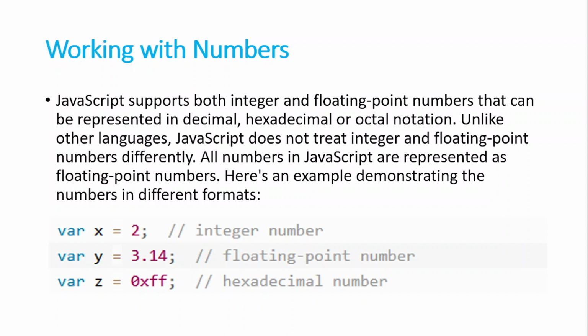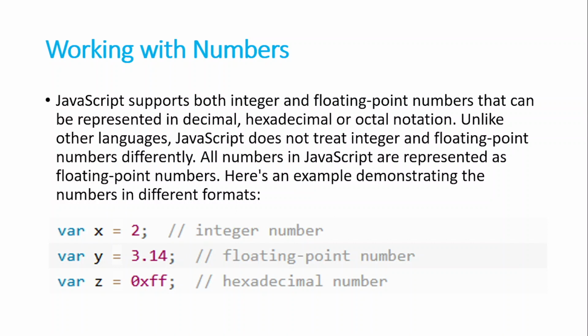Unlike other languages, JavaScript does not treat integer and floating point numbers differently. If you go to other languages such as Java, we have to specify the data type for that variable. For example, if you're storing an integer in a variable, then you have to specify int at the start. But in JavaScript, it isn't the case.